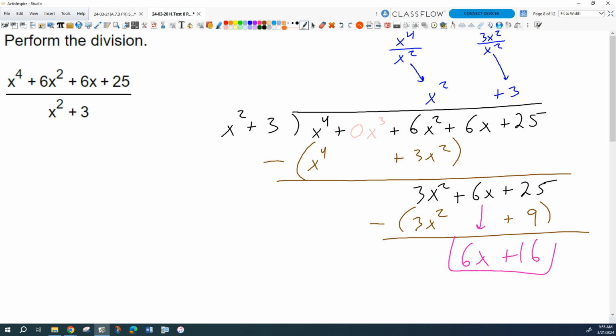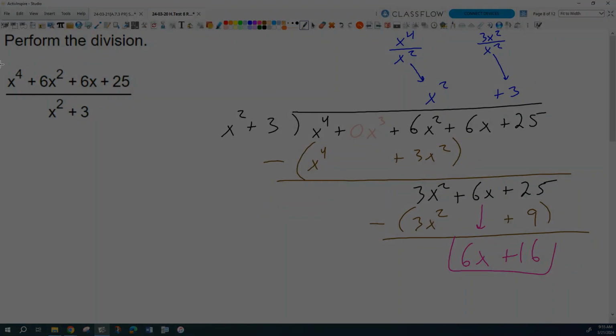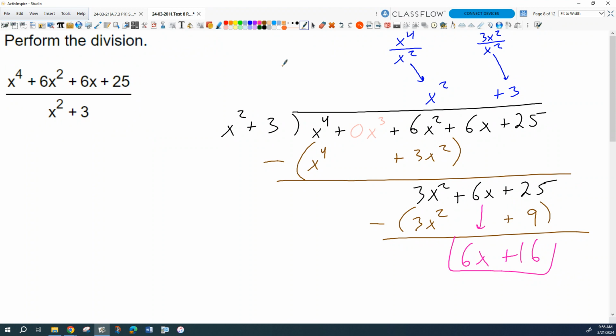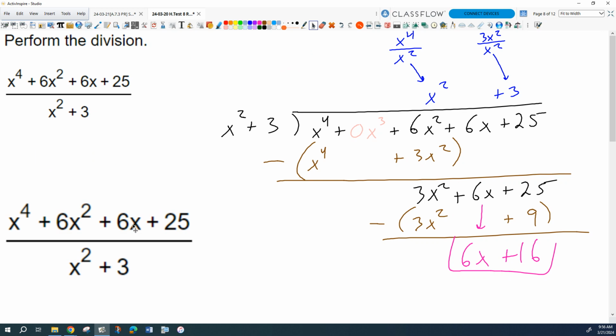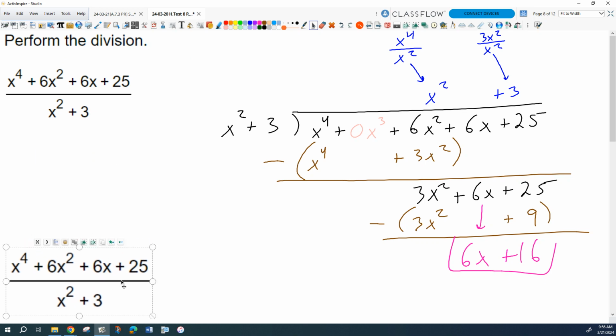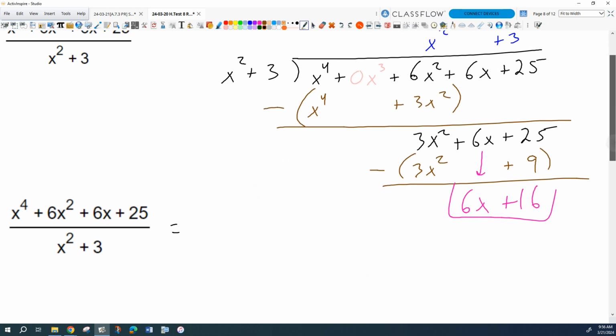What do we get then for our answer? So if I take this original quotient, what is this thing equal to? There are two parts to my answer. What's the first part? X squared plus 3. Okay, good.